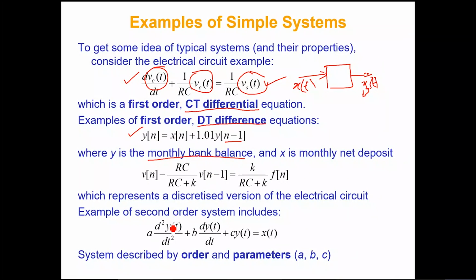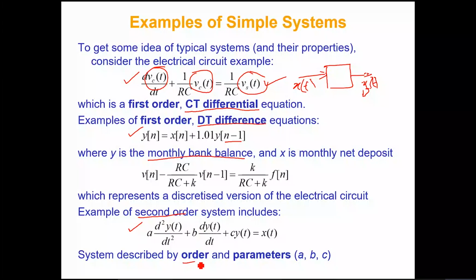Again, we can have multiple different types of equations for different types of systems. For example, this is a second order system because the differential is second order. If it is a continuous time system, you will end up getting a differential equation. If it is a discrete time system, you will end up getting a difference equation.